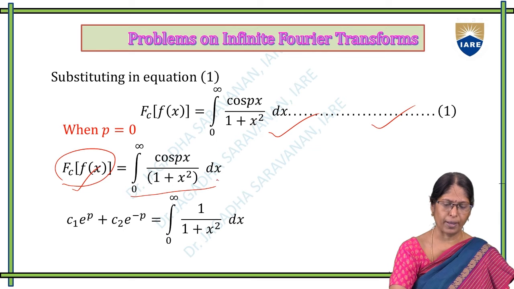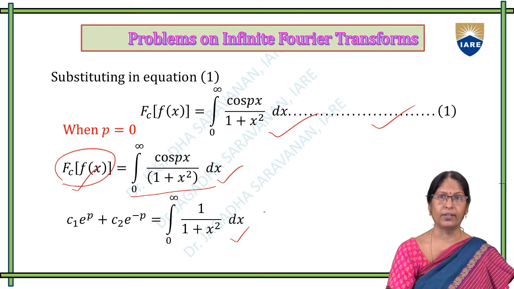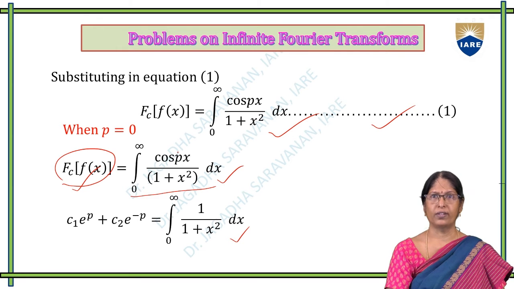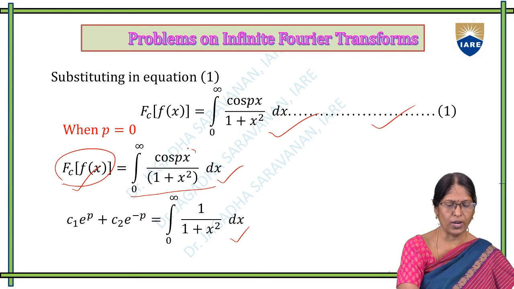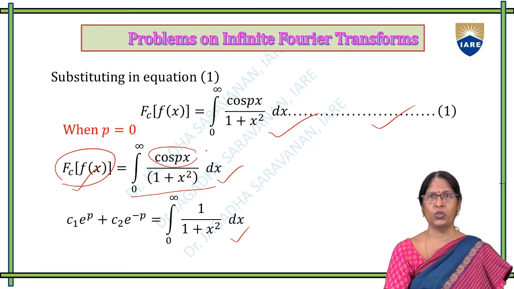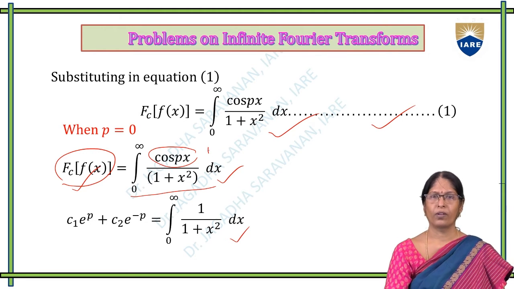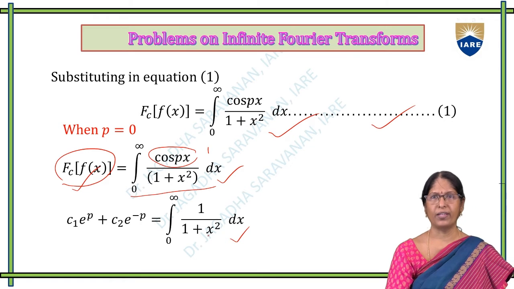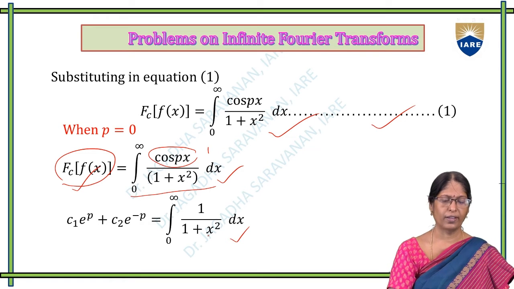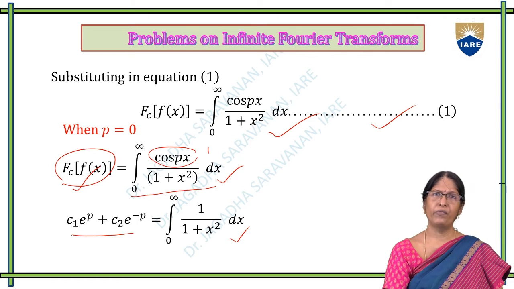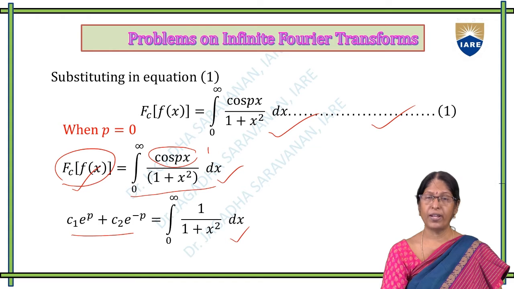Now we will do the comparison of this and this. In the p place we substituted 0, so it becomes cos 0, so the value is 1. So 1 by 1 plus x square dx. In the same way, on the left hand side where p is there, we substitute 0.